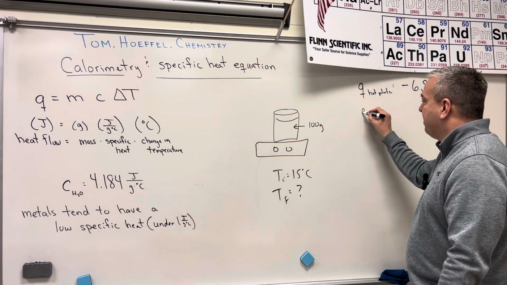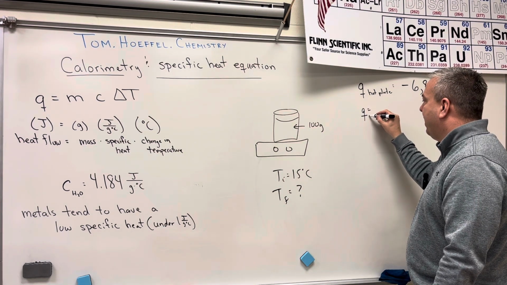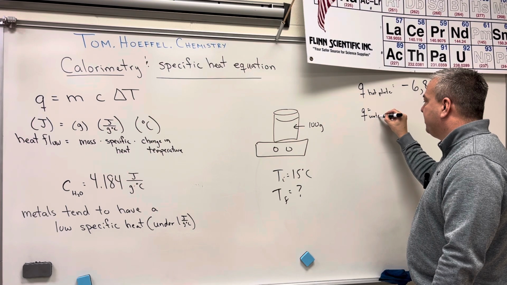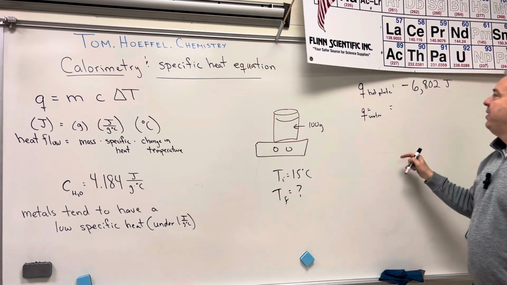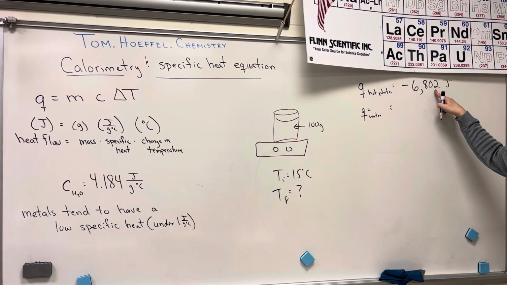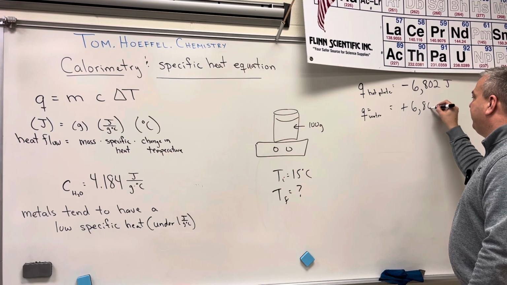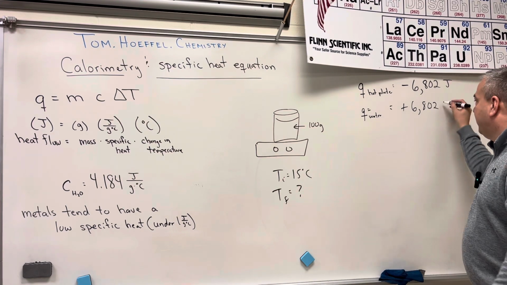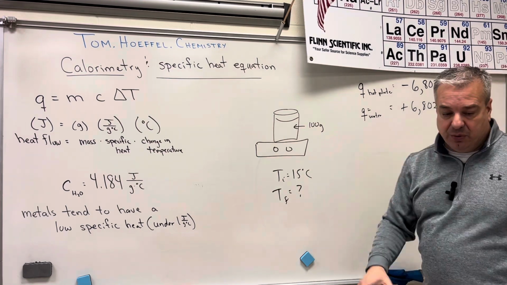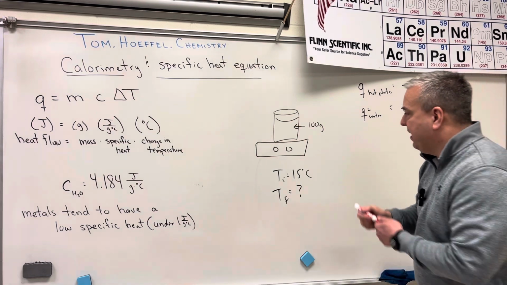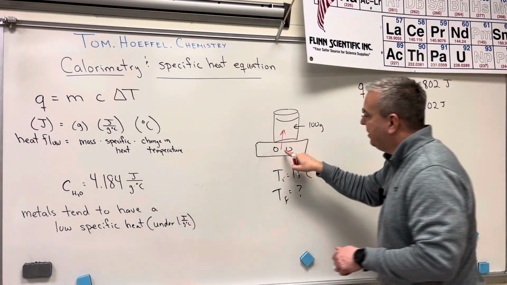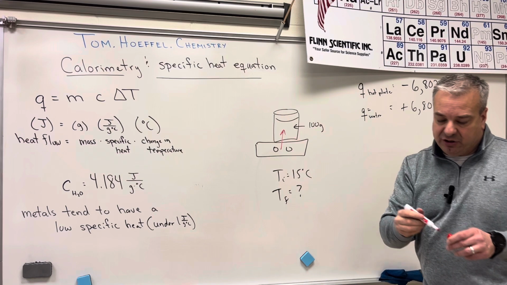Well, I'm going to use that Q to figure out what the water system heat flow is. If the hot plate is releasing 6,802 joules, then the water is receiving the 6,802 joules of energy.